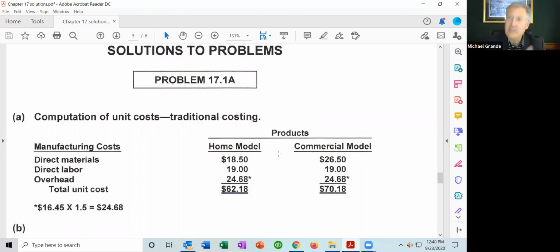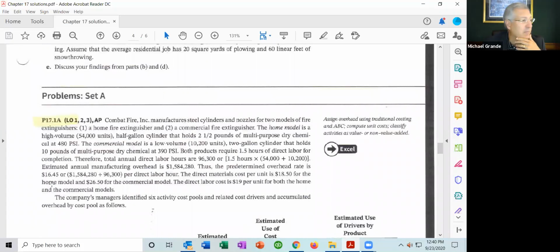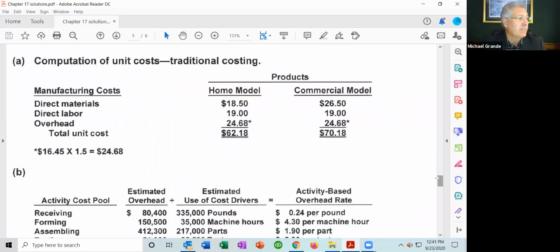Remember, manufacturing overhead is, in a traditional system, the predetermined overhead rate multiplied by activity. They told us that the predetermined overhead rate in the beginning of the problem was $16.45 per direct labor hour. And they also told us in the problem at the very beginning, both products require 1.5 direct labor hours. There you go. Very straightforward. Predetermined overhead rate, $16.45.